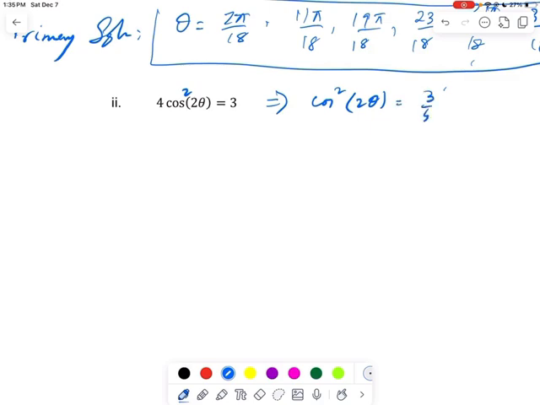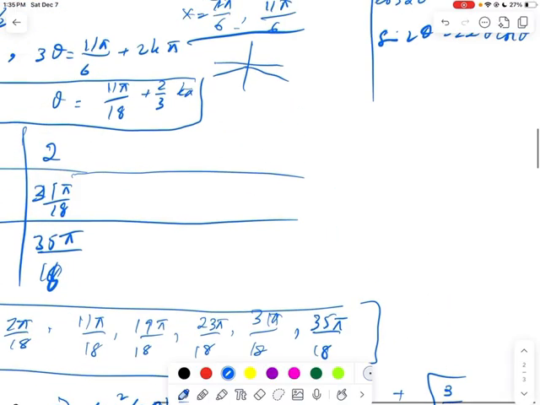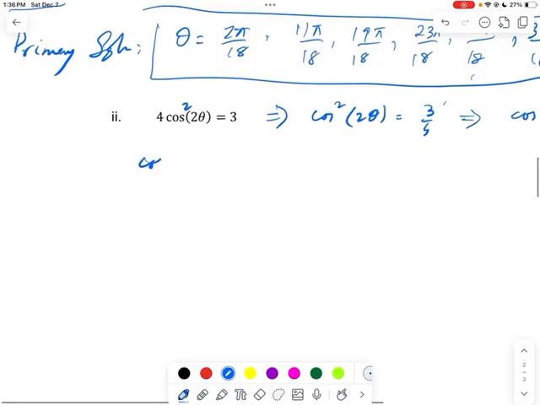So what will be cosine 2 theta? From here, cosine of 2 theta will be equal to plus or minus the square root of 3 over 4, which gives you cosine of 2 theta equals plus or minus square root of 3 over 2.